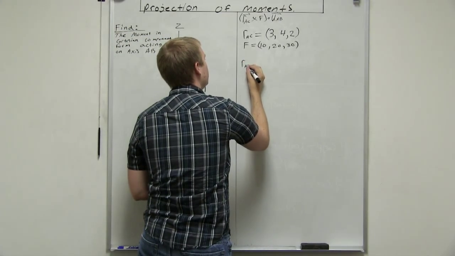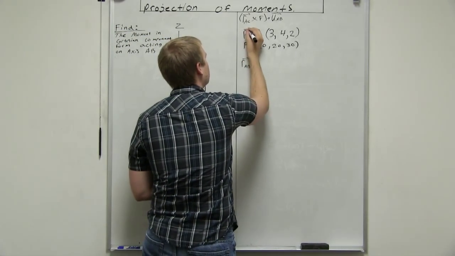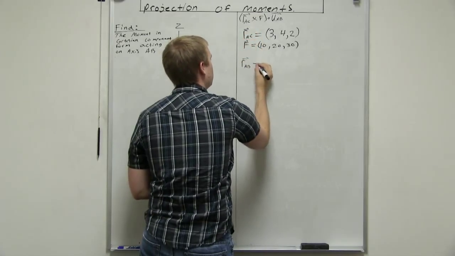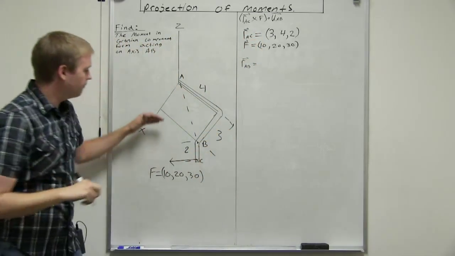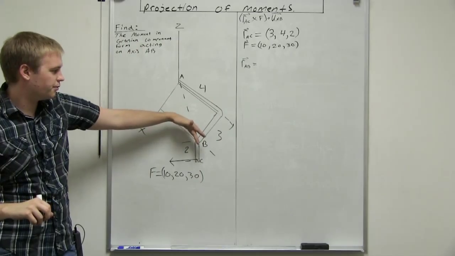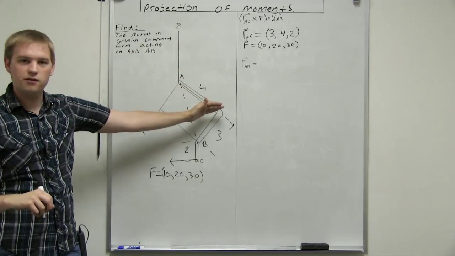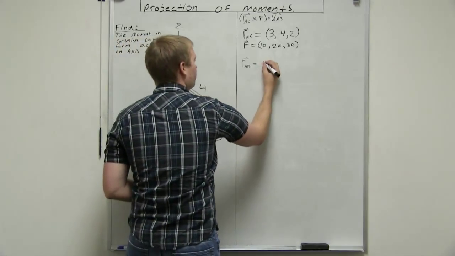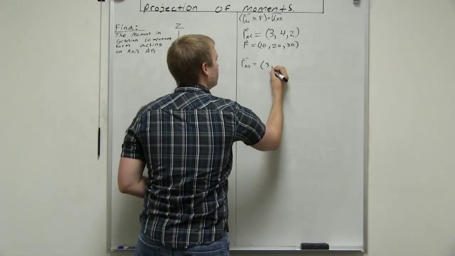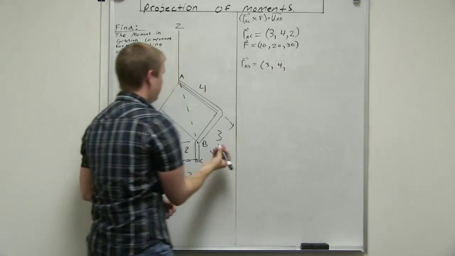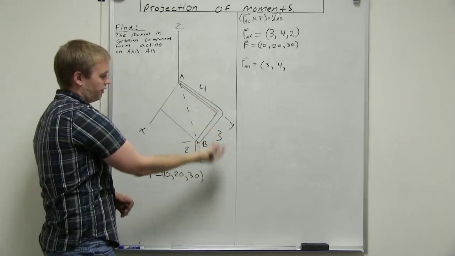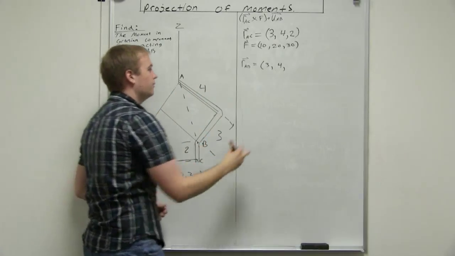So R_AB equals, okay, comes over 3 in the x, comes out 4 in the y, 3, 4, and then there is 0 z component because it doesn't go up or it doesn't drop down.